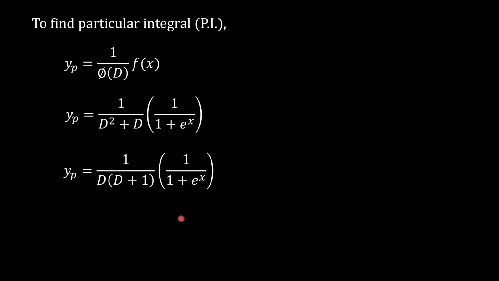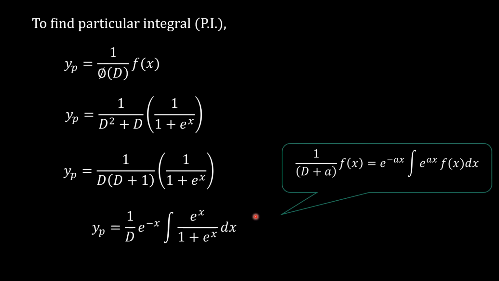using the general method, which gives us, using this formula, yp = 1/D of, replacing a by 1, e^(-x) ∫ e^x f(x) dx, which is ∫ 1/(1 + e^x) dx. This integration is very simple.